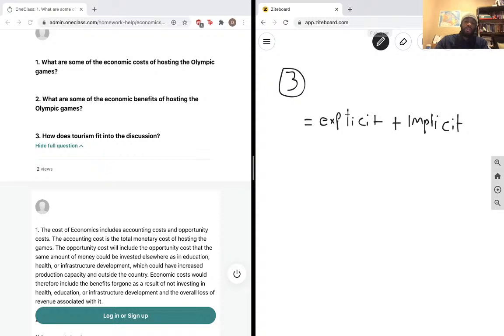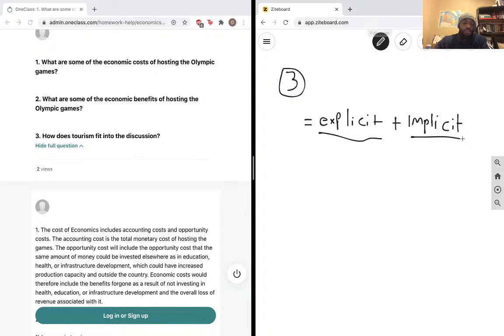So again, economic costs are equal to explicit plus implicit costs. And our tutor said here the cost of economics includes accounting costs, which are explicit, and opportunity cost, which is our implicit cost. An accounting cost is the total monetary cost of hosting the games.